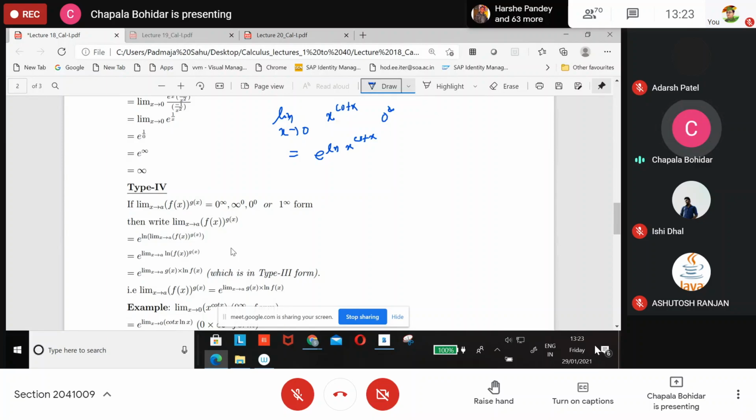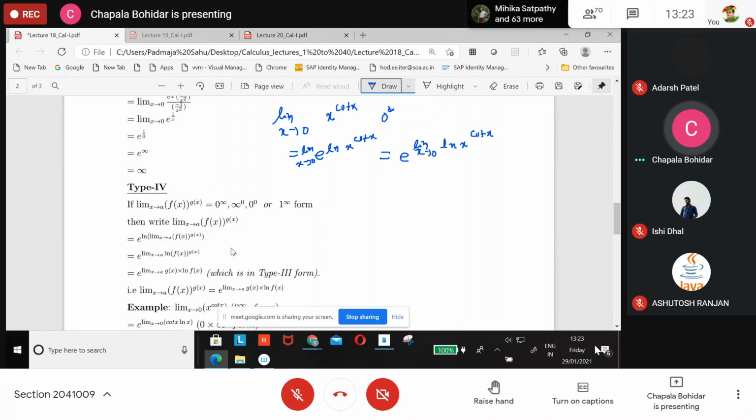Sorry, limit x tends to 0. I can write down in this way. This is equal to, I can take the limit inside, so here it is e outside, limit x tends to 0, ln of x to the power cot x.